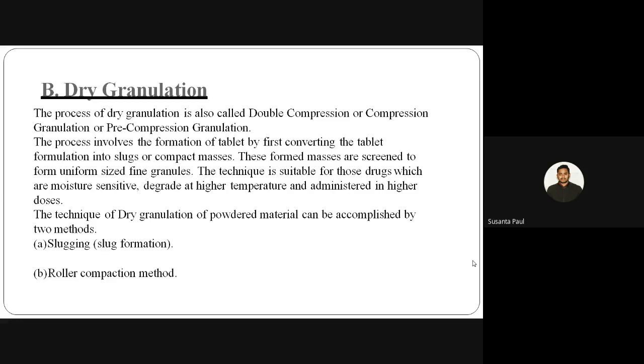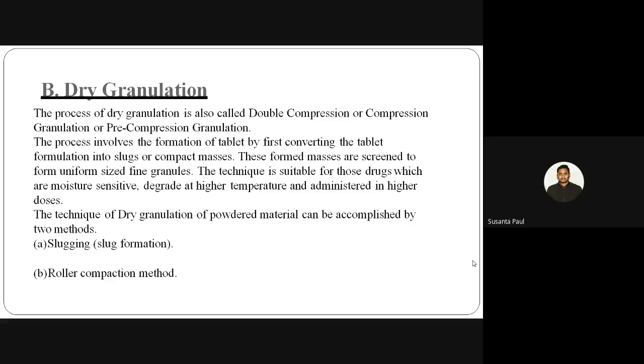Now, in the dry granulation method, there are certain medicaments which are available in crystalline form or in the form of granules, having their own binding property. Such medicaments are passed through sieve number 20 or any other specified sieve, and then mixed with the additional excipients.